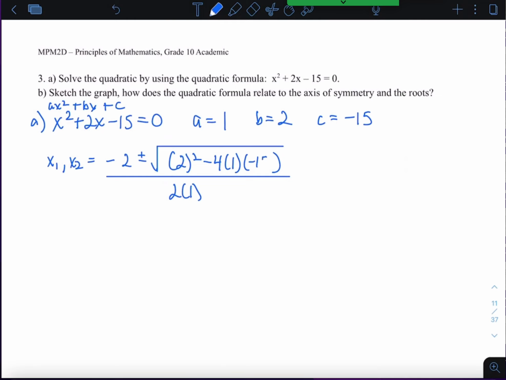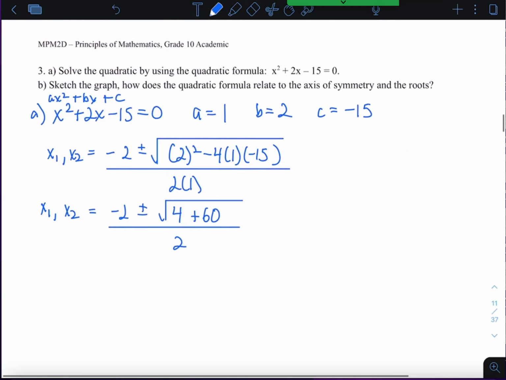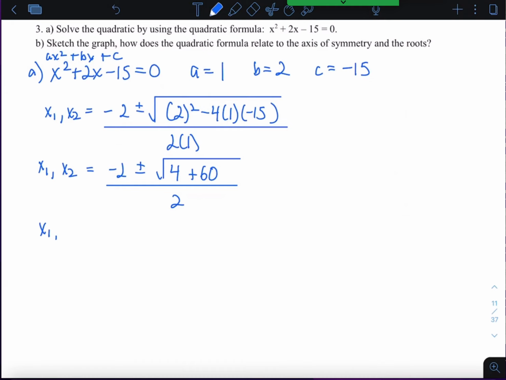All right, and now we simplify. x1 comma x2, negative 2 plus or minus the square root of 4 plus 60, over 2, and lucky us, this ends up being the square root of 64, which is a whole number. All right, so x1 comma x2 is negative 2 plus or minus 8 over 2.